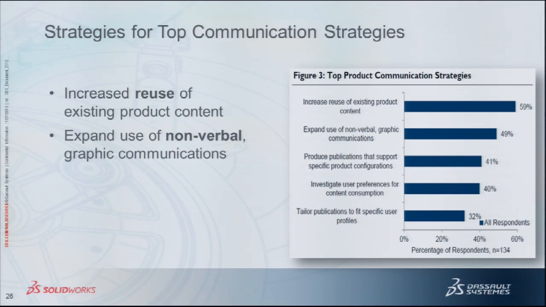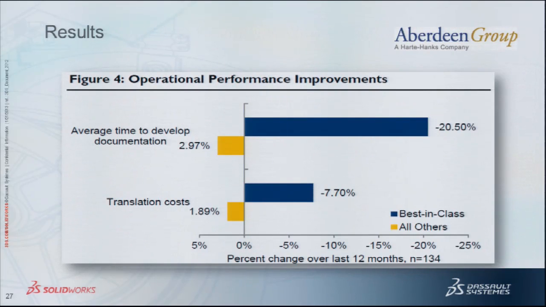No sense reinventing the wheel every time you need to explain a process or procedure. So best-in-class processes and procedures is to connect this data, reuse it. Also, create more nonverbal content, right? Less text, more graphics.